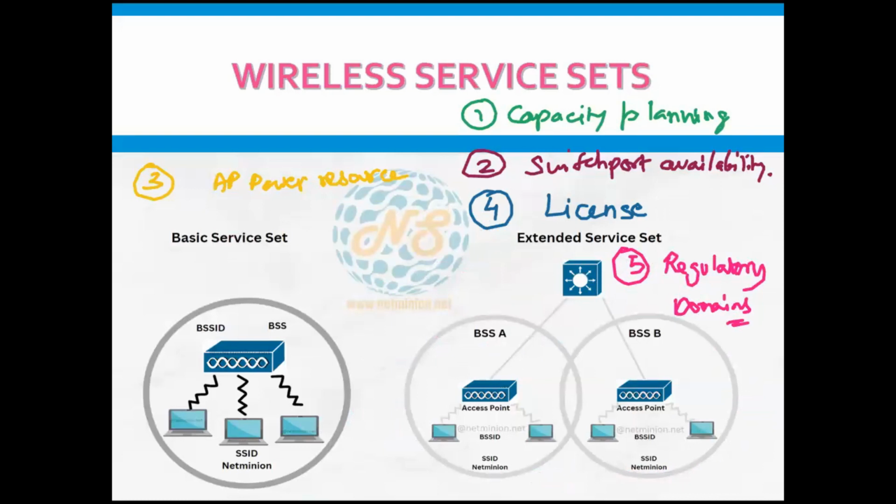There are different regulatory domains available as per different countries. So be cautious whenever you are raising a purchase order, PO. You should check what your regulatory domain is, and you need to purchase the AP as per that. Let me show you. Maybe give me a minute.